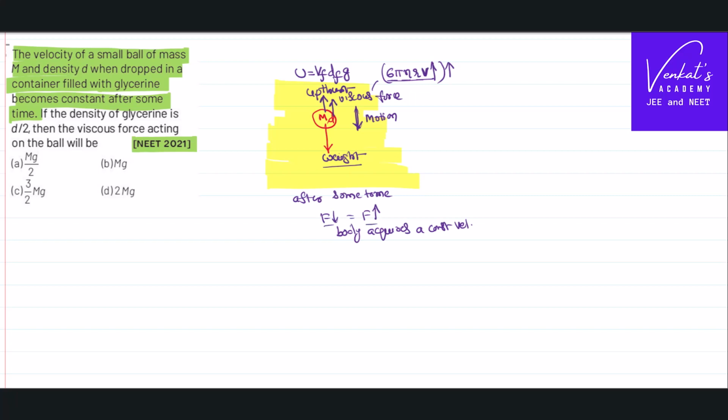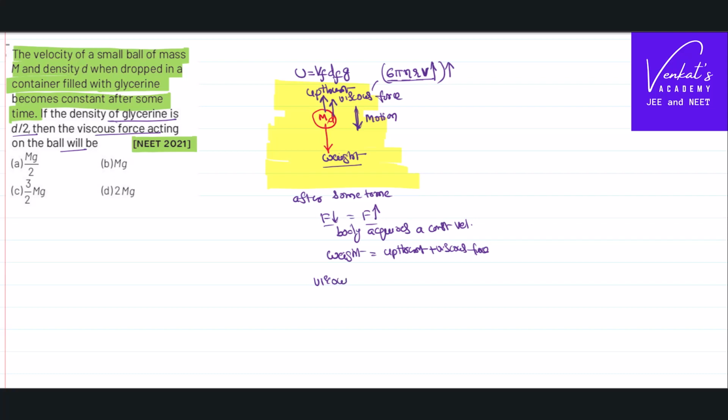So at terminal velocity, force downward, weight, is equal to force upward, that is the combination of upthrust plus viscous force. Now he is saying, if the density of the glycerin is d by 2, what is the viscous force acting?